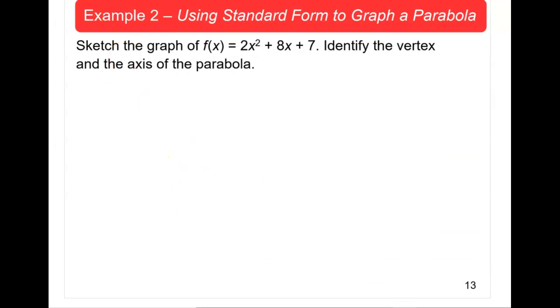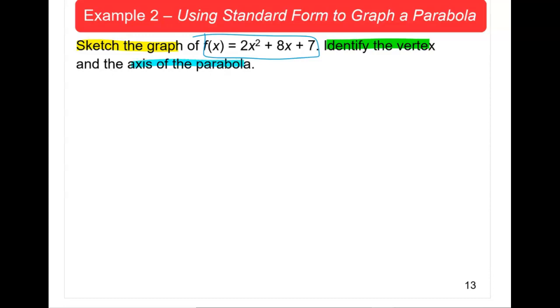Okay, so for example 2, we're going to sketch the graph. We have the equation right here. And we are also going to identify the vertex and the axis of symmetry of the parabola.